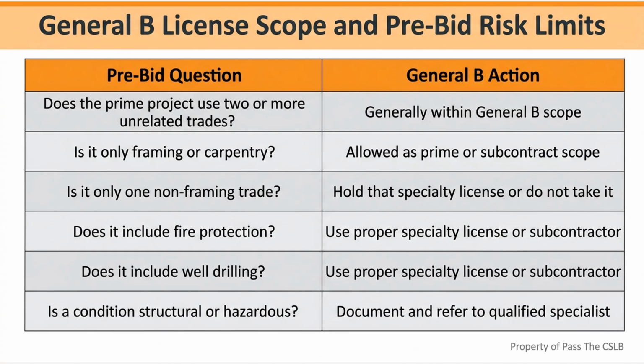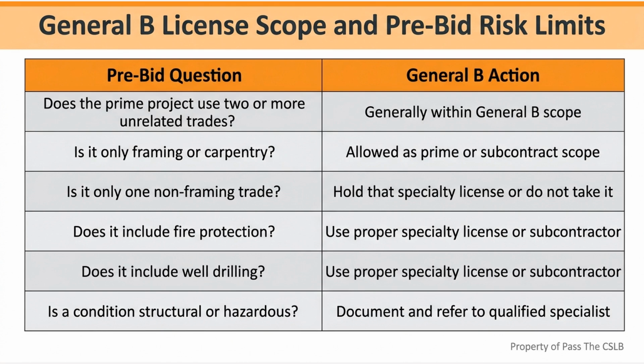The general building contractor is allowed to coordinate a broad project, but that does not mean the license is a magic key for every trade and every hazard. The safe exam prep rule is this: a general building prime project normally needs 2 or more unrelated building trades or crafts, unless the project is framing or carpentry.